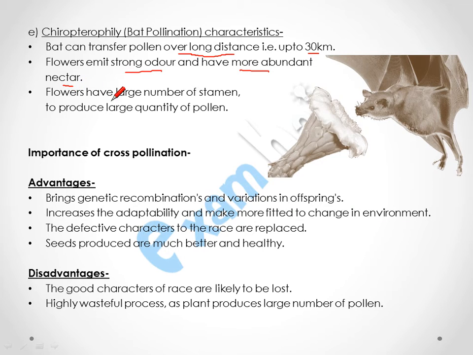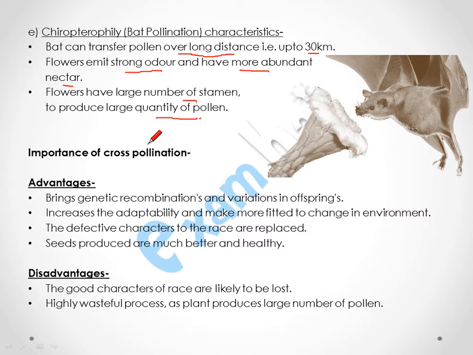Flowers have a large number of stamens to produce a large quantity of pollen. So when the bat comes to the flower for nectar, all the pollen grains stick to its hairy surface, and are transferred to another flower when the bat collects nectar from another flower.